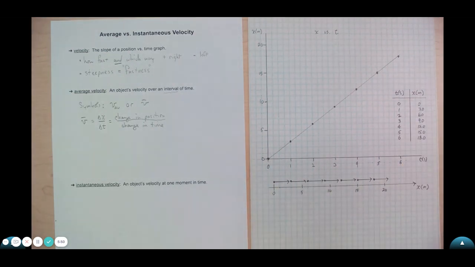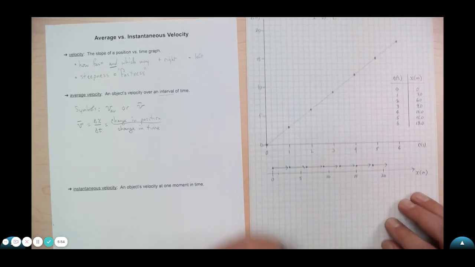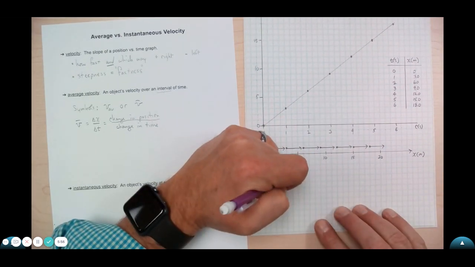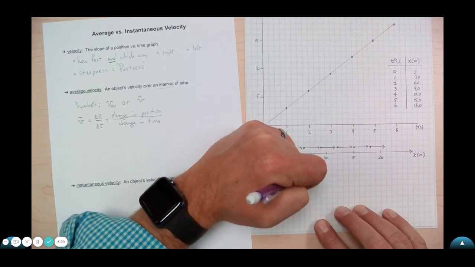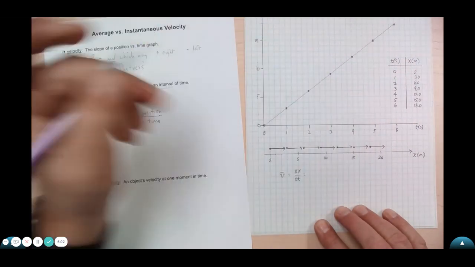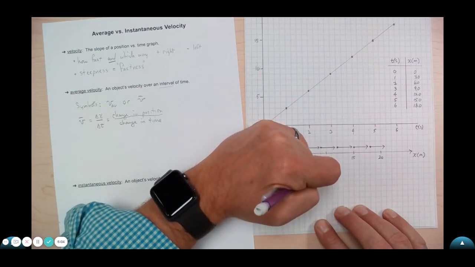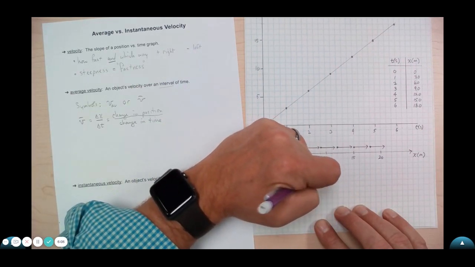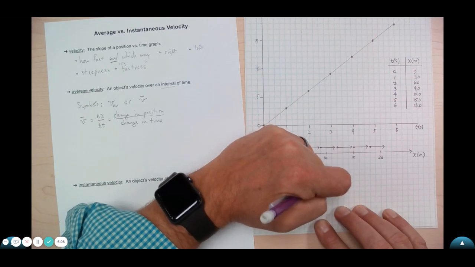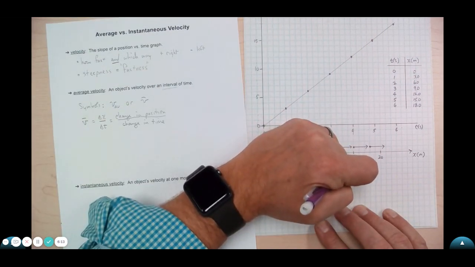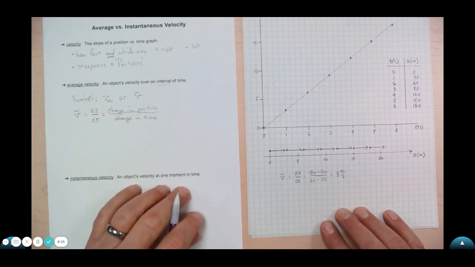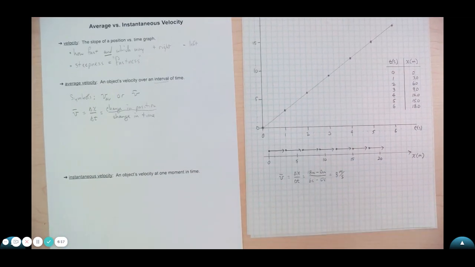So for this motion, my average velocity would be 18 meters minus 0 meters over 6 seconds minus 0 seconds. That is 18 divided by 6, or 3 meters per second. Now that's on average the velocity of this thing over the first 6 seconds.